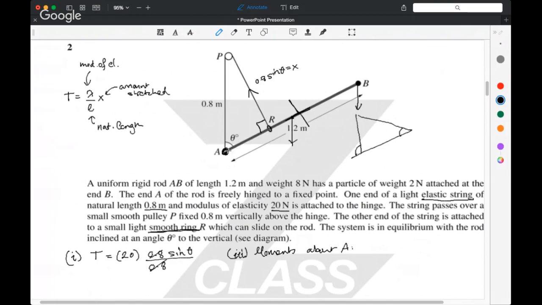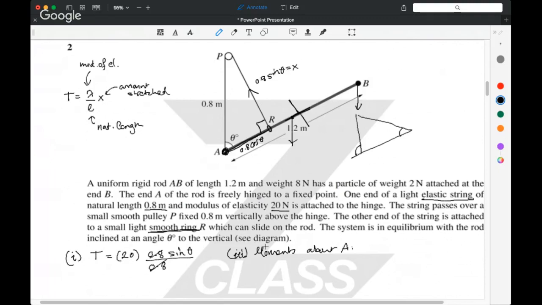So let's first work out what this distance is here between the axis and the ring. Well, that's pretty easy for us. This is just 0.8 cosine of theta. And now the center of mass of the rod just on its own is obviously half of 1.2.